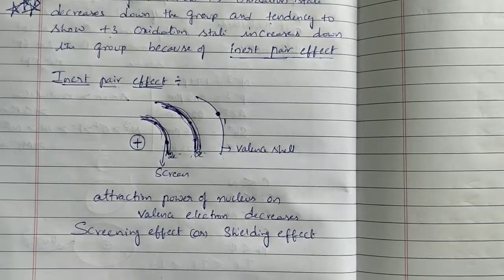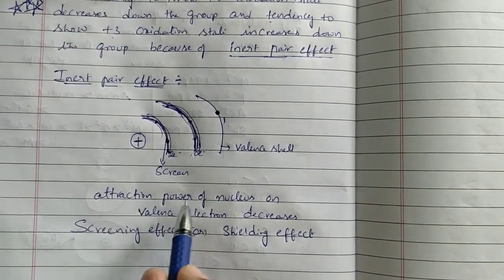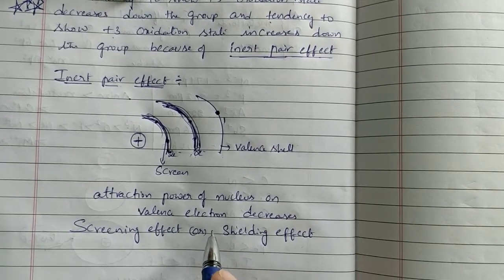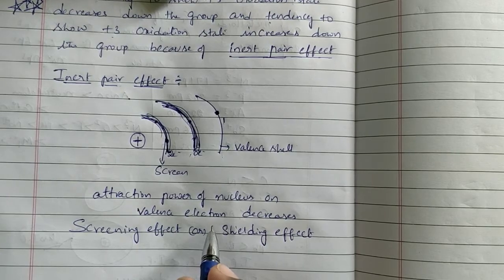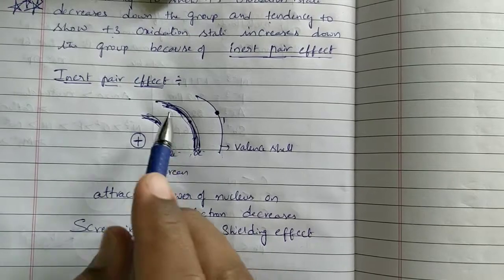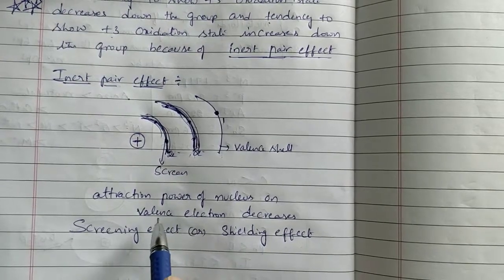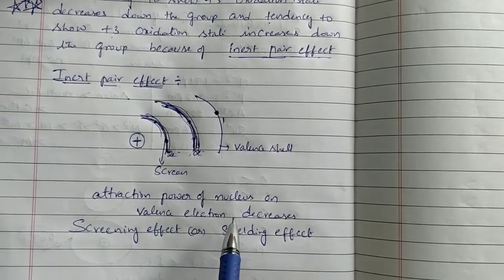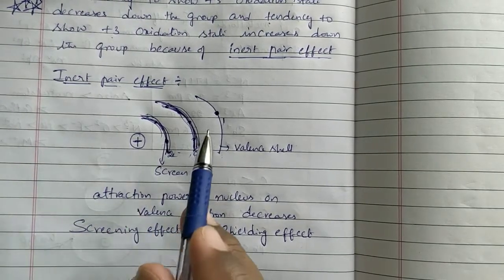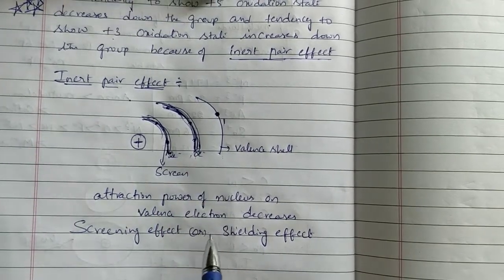Why does the attraction power of the nucleus on valence electrons decrease? Because the inner shell electrons act like a shield between the nucleus and the outermost electrons. That is called the screening effect.